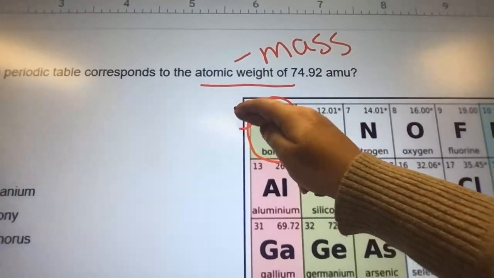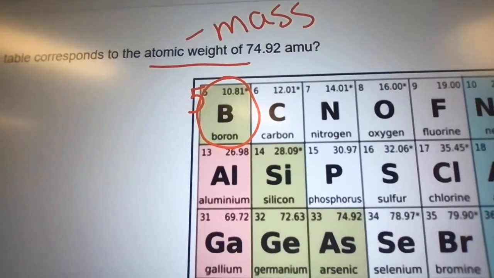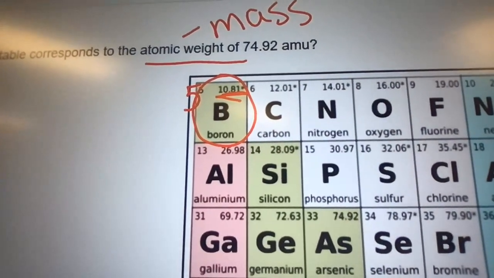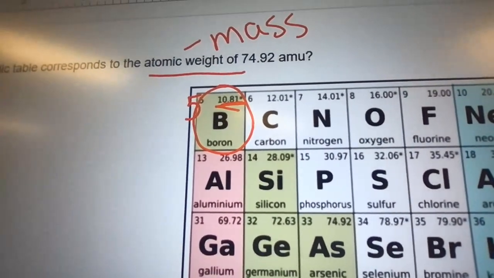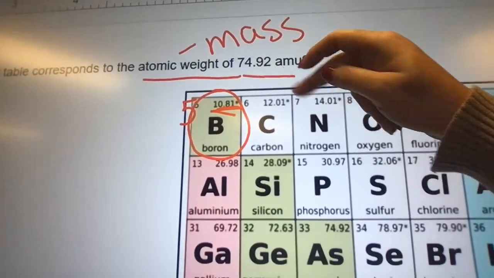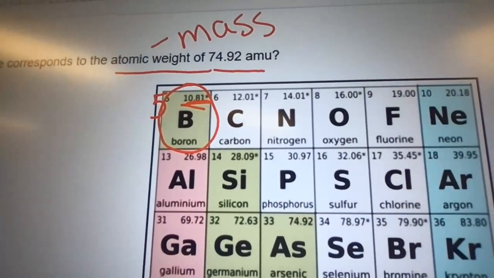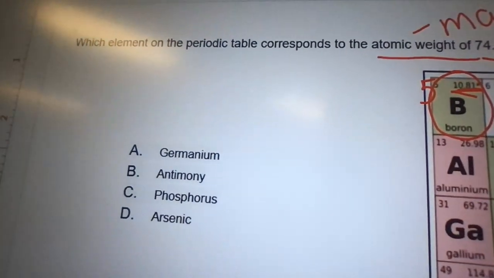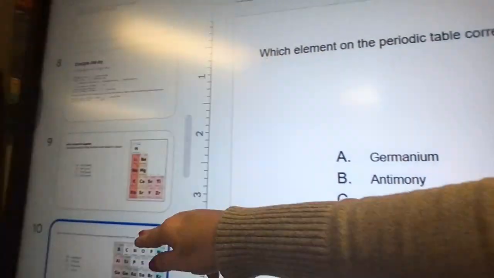You see that it says 5 and then 10.81. The higher number is going to be your atomic weight, which is the same thing as your atomic mass. In this case, you're going to find the one that says 74.92 AMU, and then you're going to pick the element here.